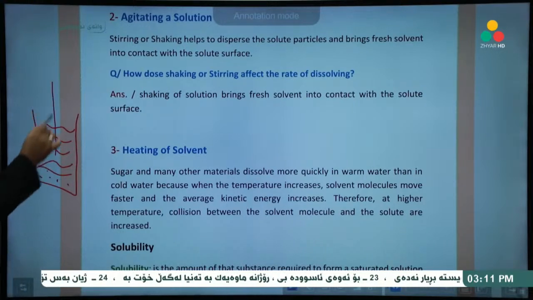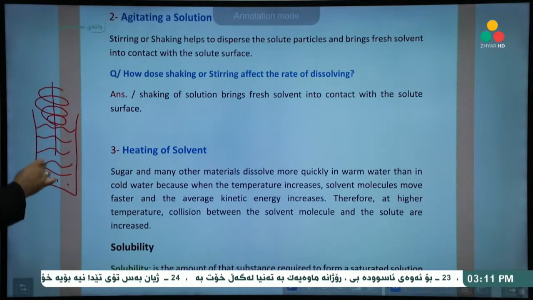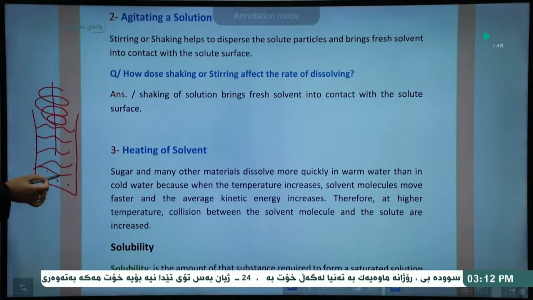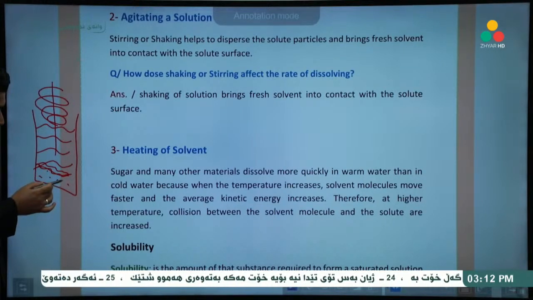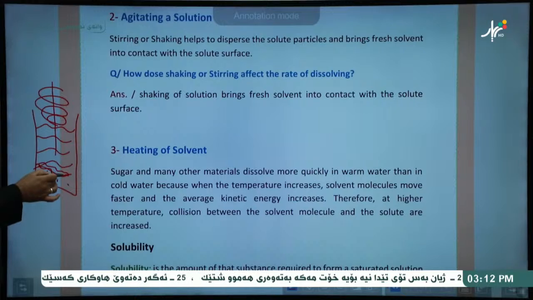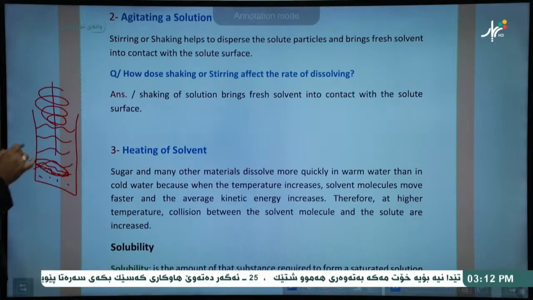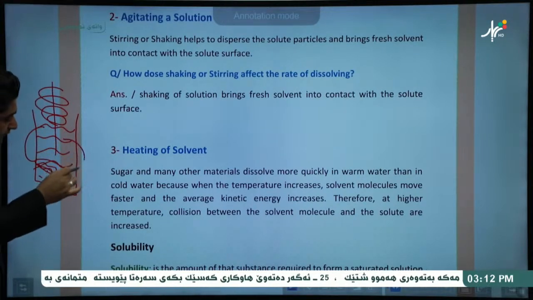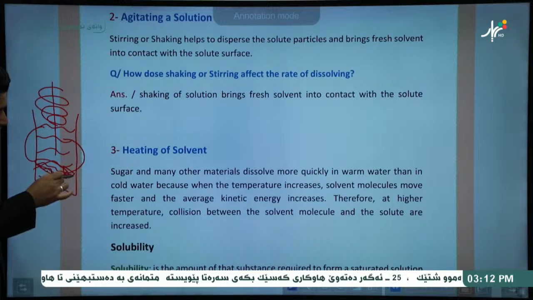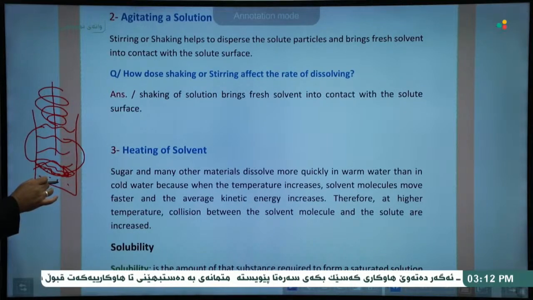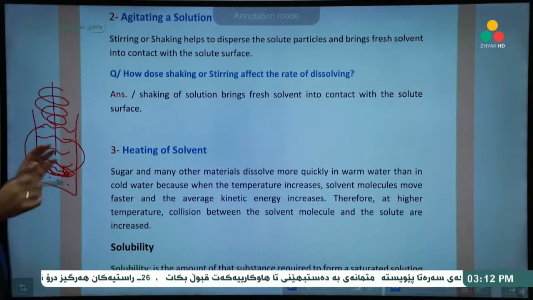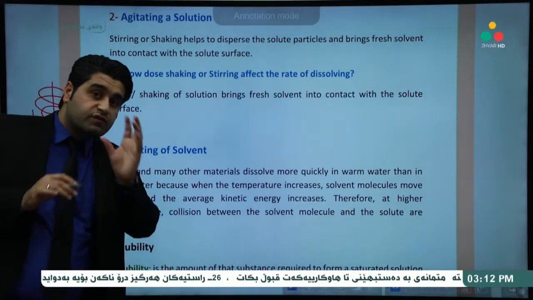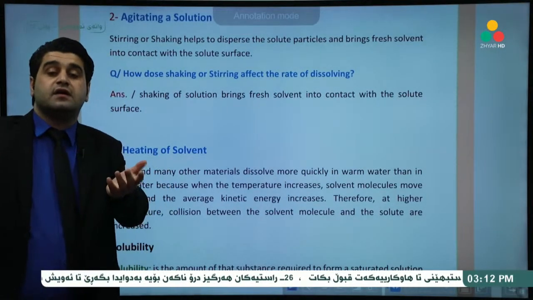We will stir this. Look, this area of the tea has dissolved enough sugar and is saturated. But when we mix, it is transferred to the bottom and a fresh solvent will be exposed to the solid. That's why agitating makes the solid collide with fresh solvent.